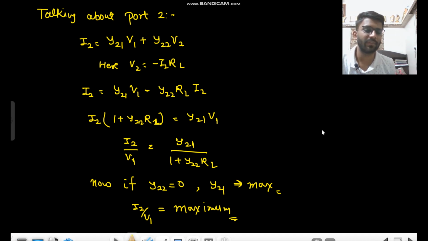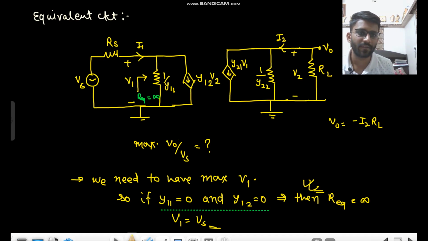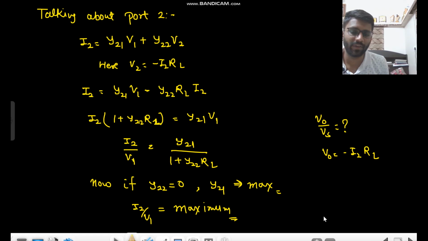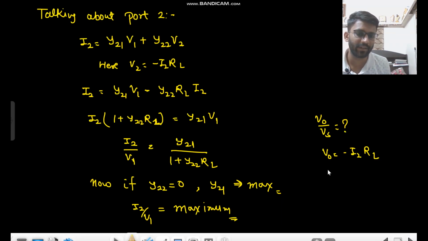Now what is v0 by vs? You need to maximize v0 by vs. What is v0? That is minus I2 into RL. And now we are putting y22 equals to 0. That means 1 upon y22 would be infinity. So the complete current I2 would be equal to y21 v1. Right? v0 equals minus y21 v1 into RL.